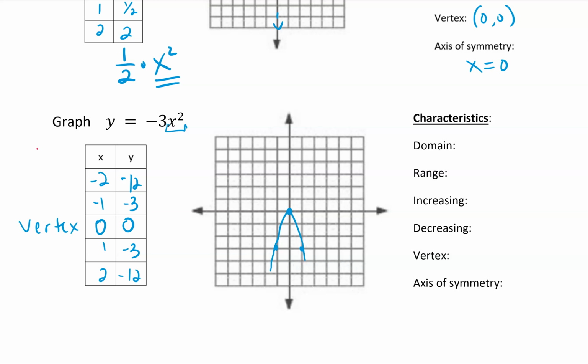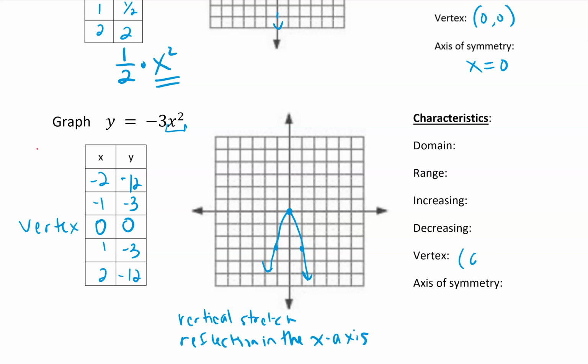And we see that it got really narrow. That's because this is a vertical stretch. And we see that it's a reflection in the x-axis. Pardon my handwriting here. This is a little difficult. A reflection in the x-axis.